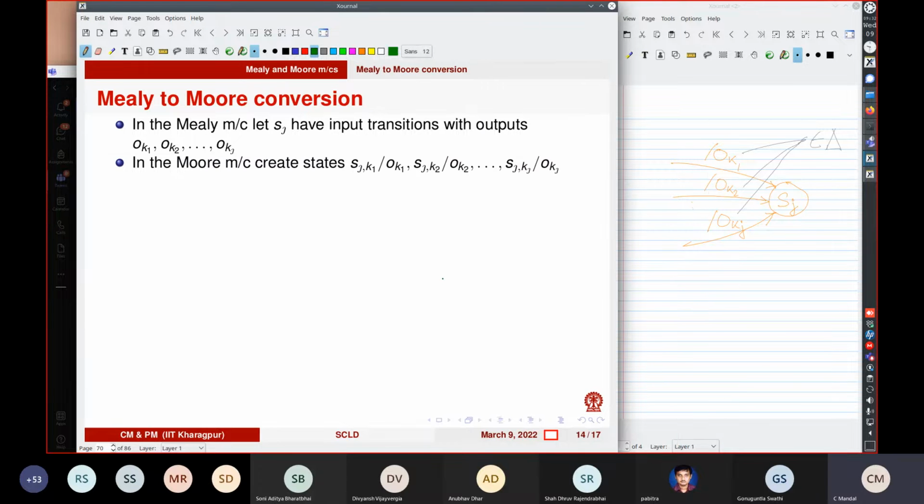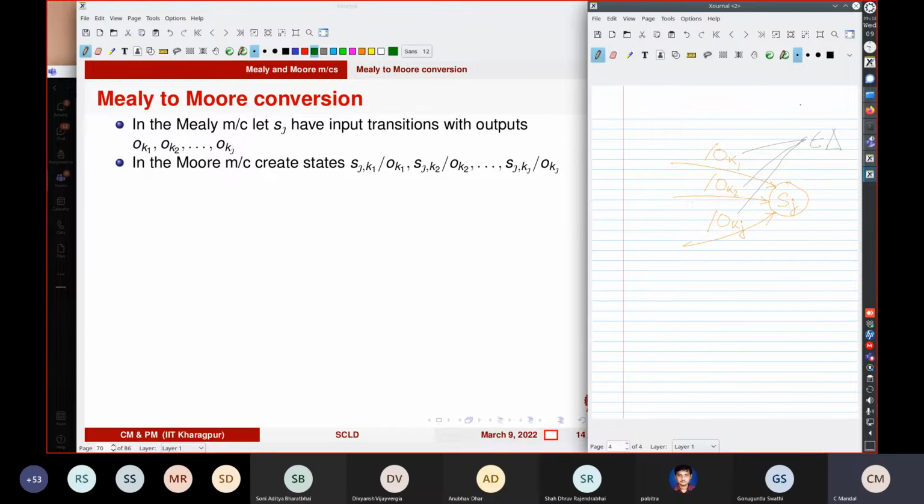Now what you do is you create a number of other states.